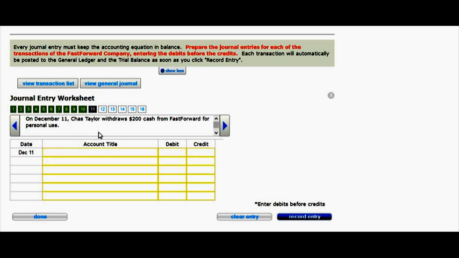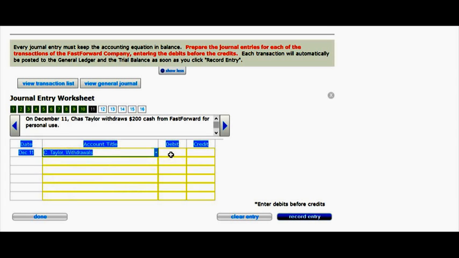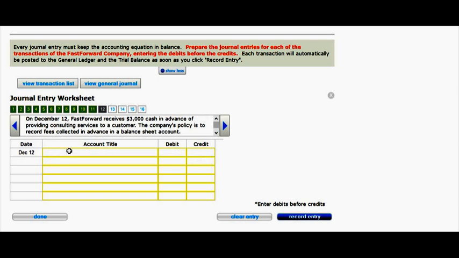Record the entry. On December 11th, Chaz Taylor withdraws $200. That would be C. Taylor withdrawals $200. Credit cash $200. Record your entry. Don't forget to record your entry.